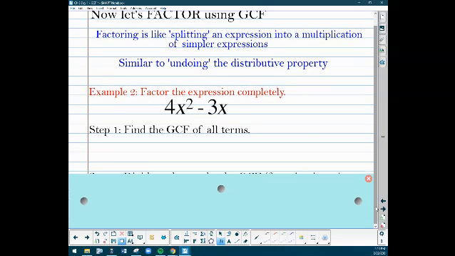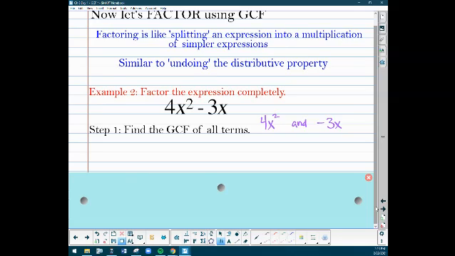So step one is to find the GCF of all of the terms. Okay, so one term, let me split it up into two. I want to find the GCF of 4x squared and negative 3x.